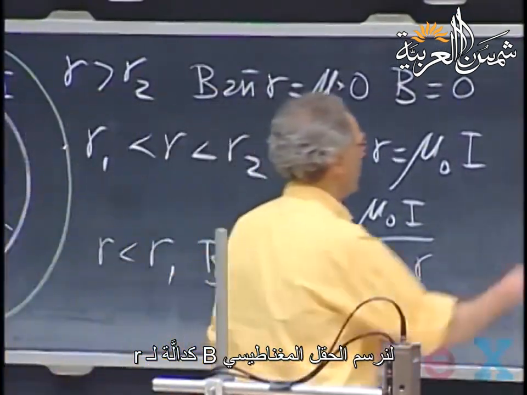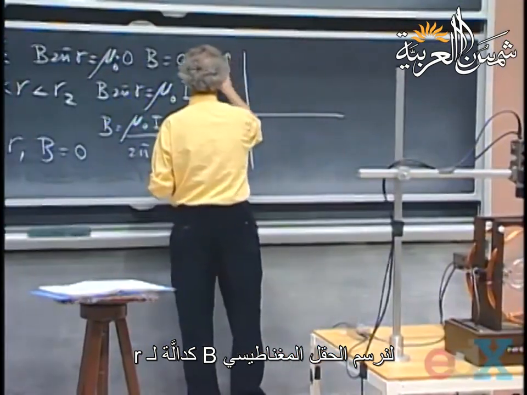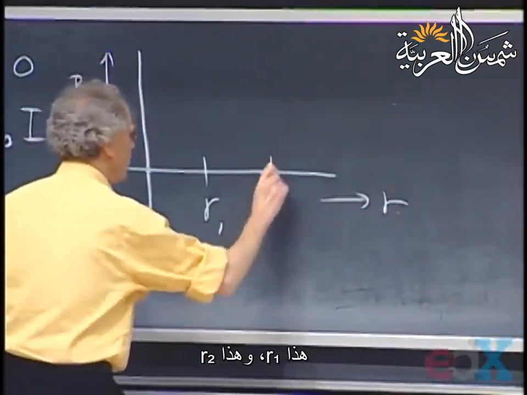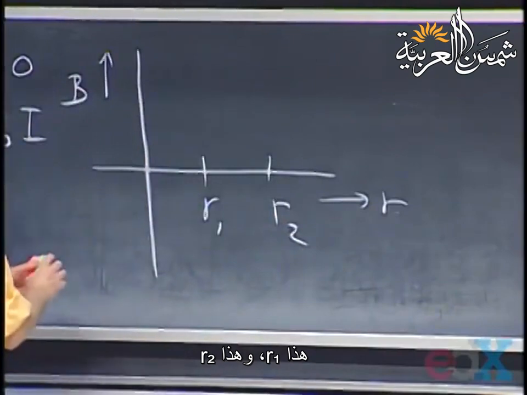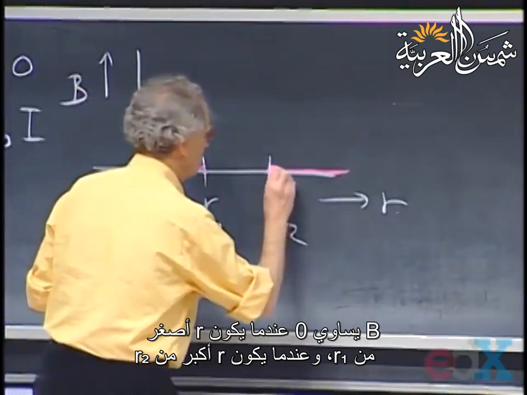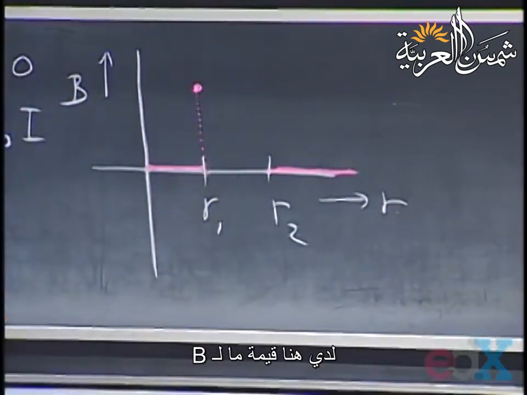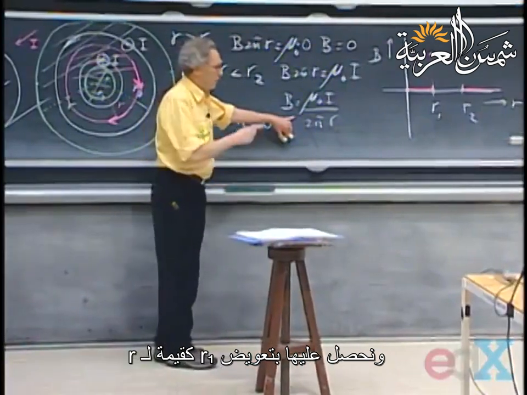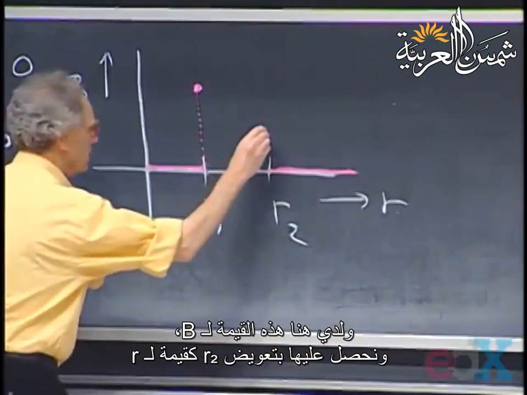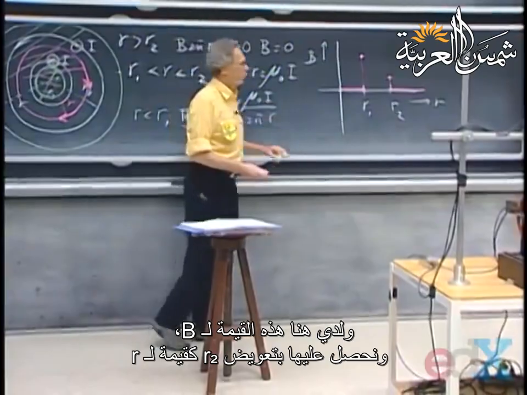And so if you now make a plot of the magnetic field B as a function of r, here is R1, here is R2, then it is 0 here, it's 0 there, it has some value here, which is this value if you substitute for little r, R1, and right here, it is this value if you substitute for little r, R2.